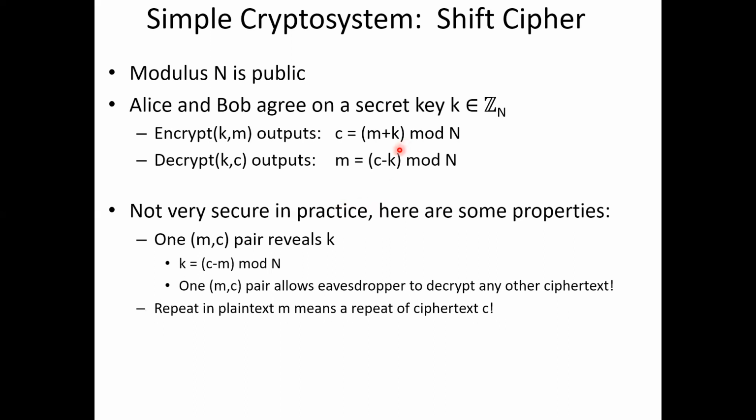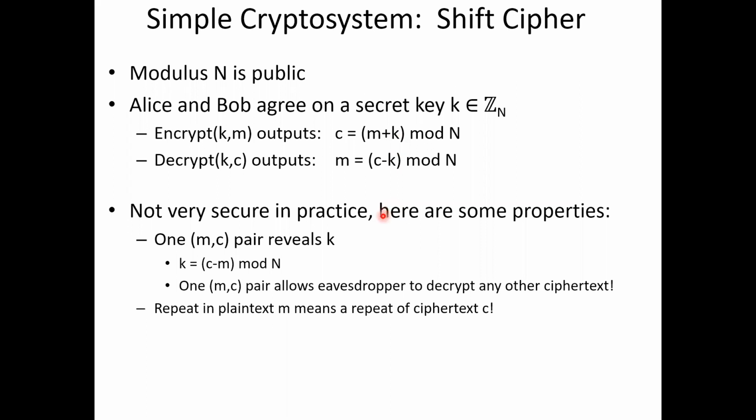Then every occurrence of a certain ASCII symbol will be mapped to the same ciphertext using this encryption. So that's not great, because then you can use frequency analysis.